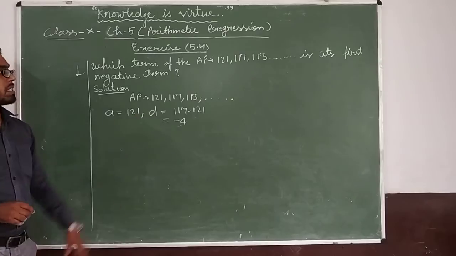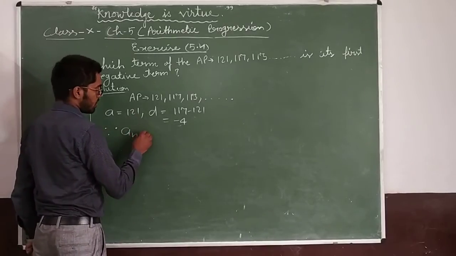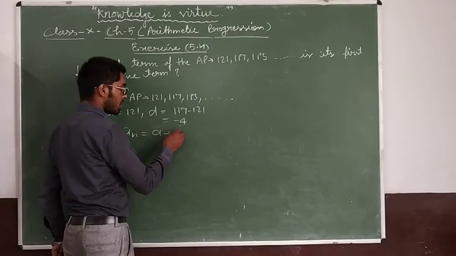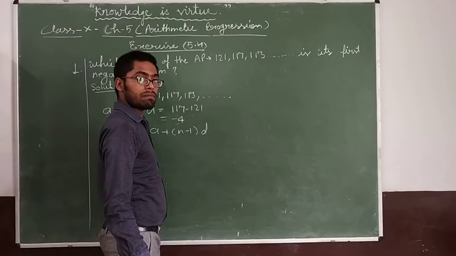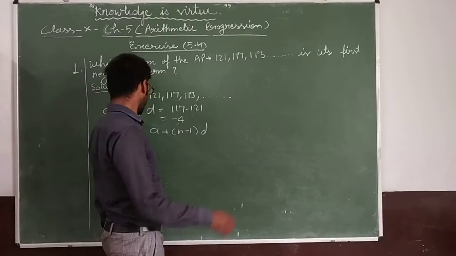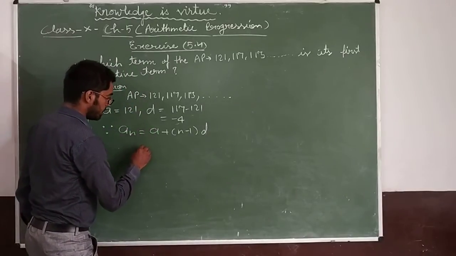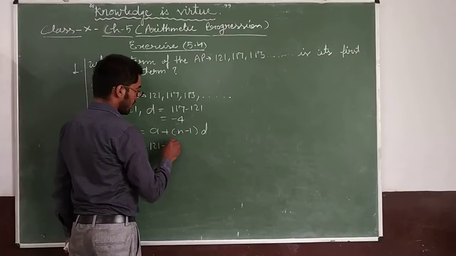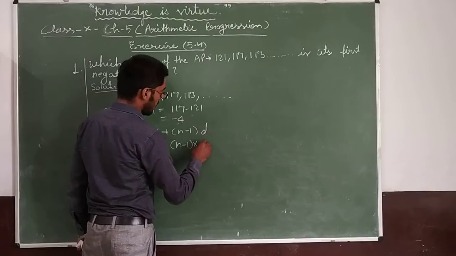Only two things are given here. Write the formula: AN is equal to A plus (n minus 1) into common difference D. Then find: 121 plus (n minus 1) into minus 4.